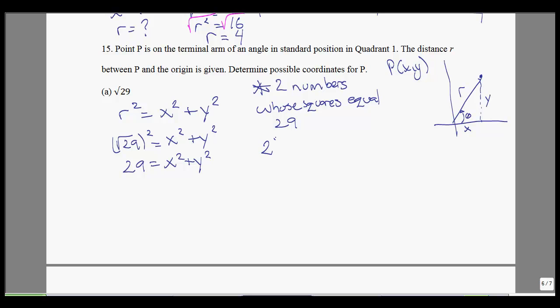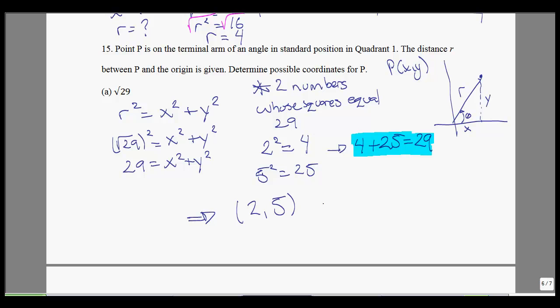I can think of the fact that 2 squared equals 4 and 5 squared equals 25, where 4 plus 25 equals 29. This is the exact combination we're looking for. Hence, I can deduce that we can either have a point of 2, 5, or a point of 5, 2.